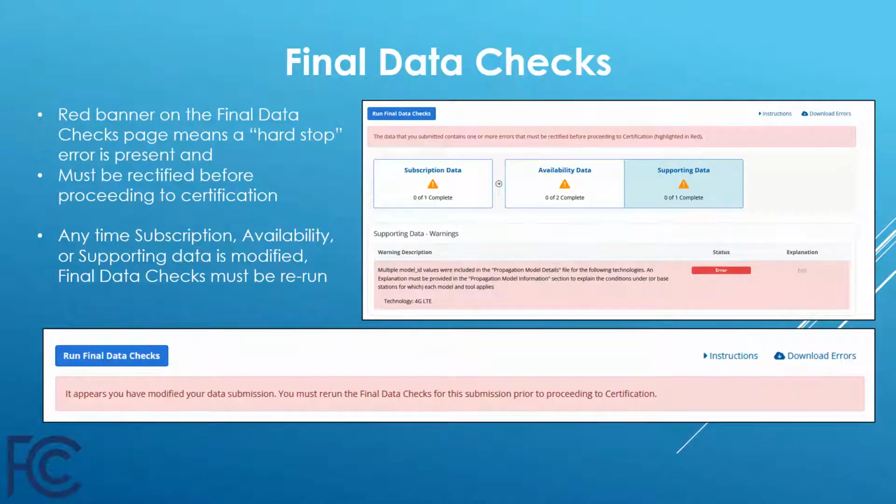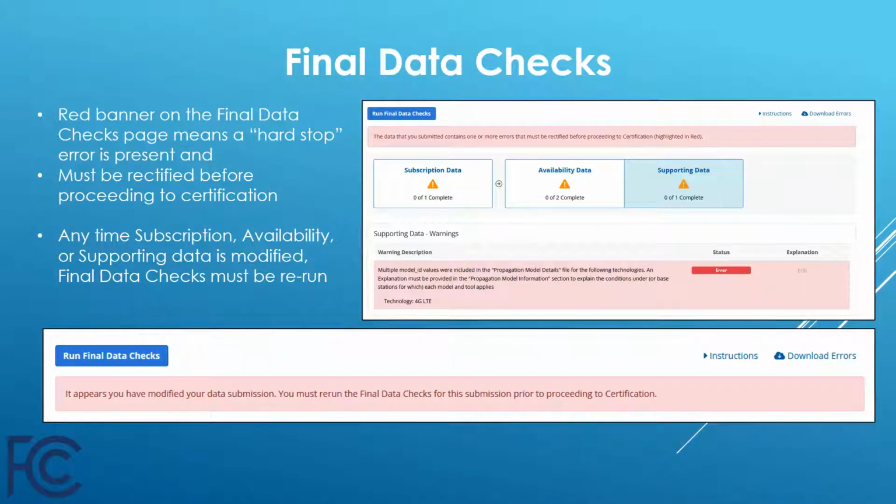You can view any census tract in which these errors exist by clicking on the Confirm Map from your final data checks page. On the right-hand side of the page, there is a toggle within the Subscription Data Comparison section. Toggling that icon will display any census tract with subscription data comparison warnings. You can also click on the tract number to zoom into that location on a map. All subscription availability data comparison errors are hard stops and must be rectified before a user can complete their submission.